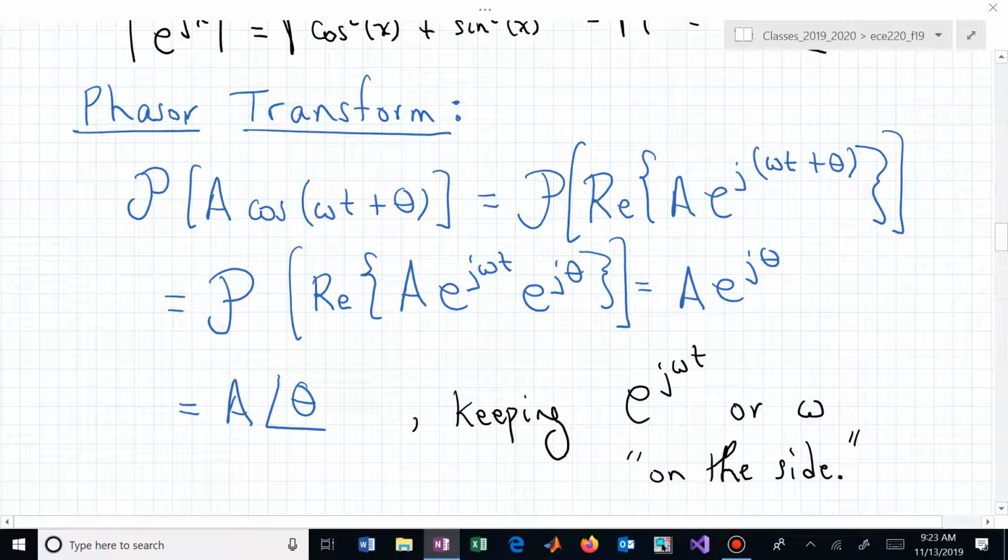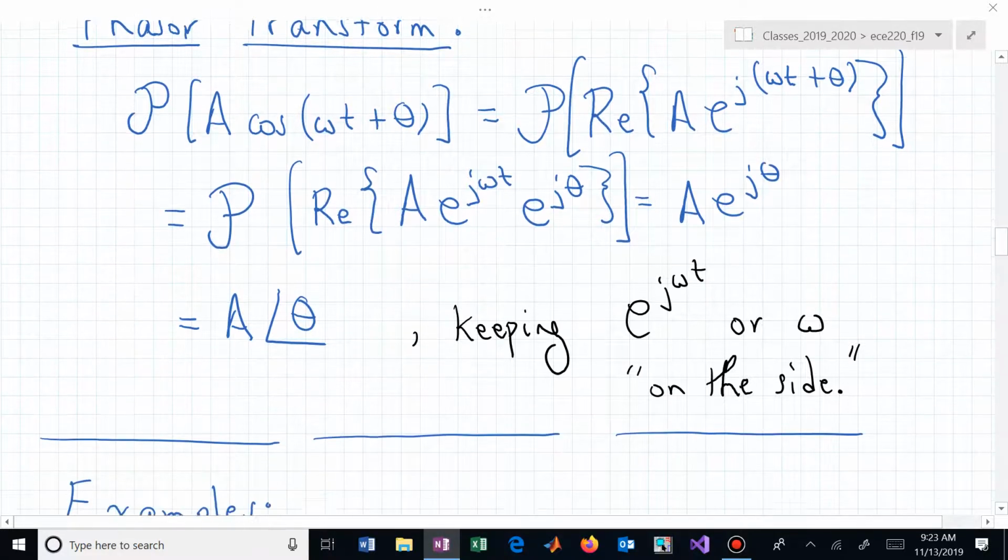If it's 10, if it's 100, whatever, we know what that is, and that's spinning us around. But if we now took a snapshot, we would figure out what the amplitude is and what the angle is when we took that picture. That's what's important. We know it's still spinning at omega, but we need the amplitude and angle, and that's the phasor transform.